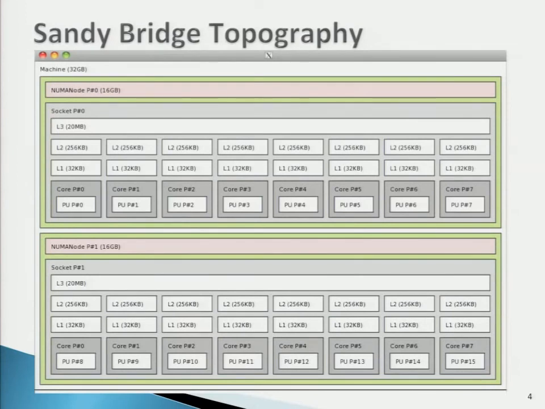So this is what it shows us when we ran on a Sandy Bridge system. I think this was generated on a Greina, which is one of our systems here, which has exactly the same processors as we have in Pilatus. And we look at this and we see, first of all, that we have two sockets. We have a socket P0, or package 0, and another socket down here, socket P1.